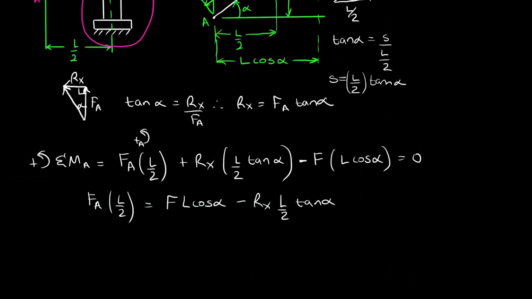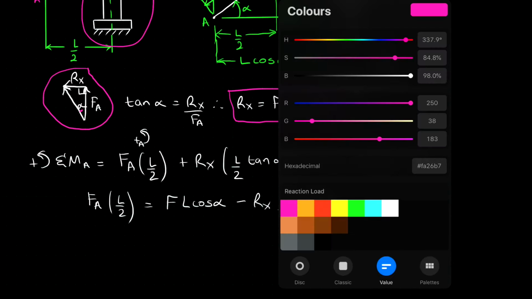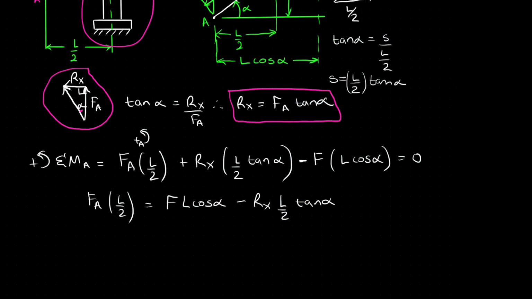Remembering that we had a relationship between the normal force, applied at a known direction alpha, so that we could work out the relationship between Rx and FA. And we worked it out to be Rx equals FA tan alpha. So let's substitute that in.